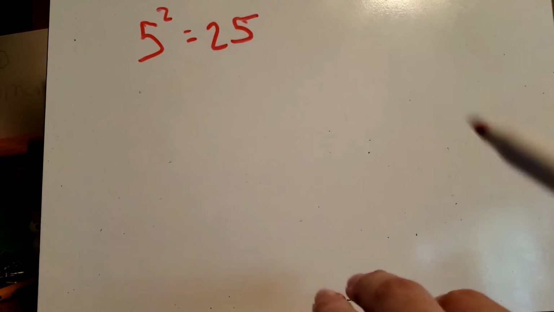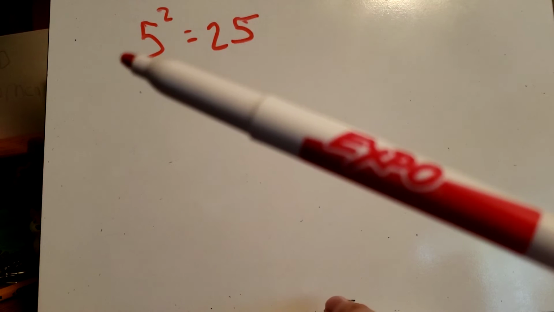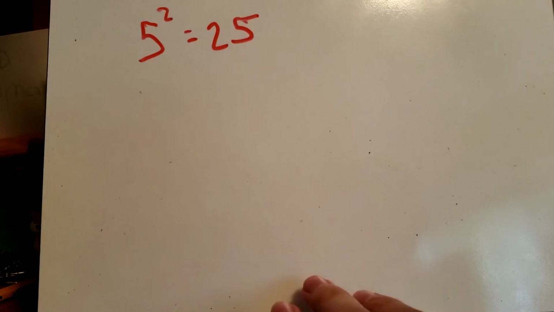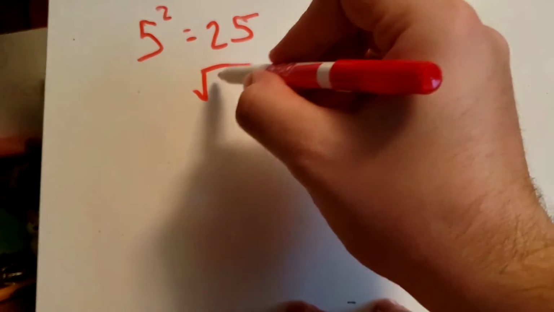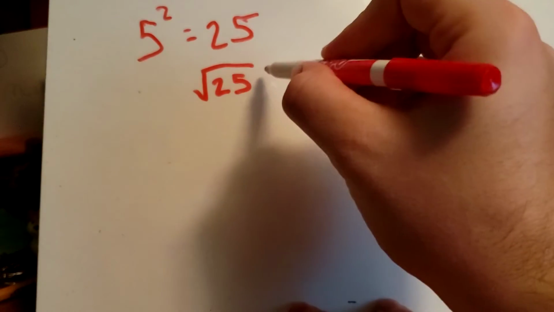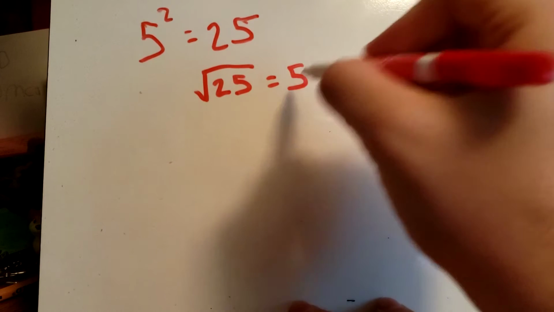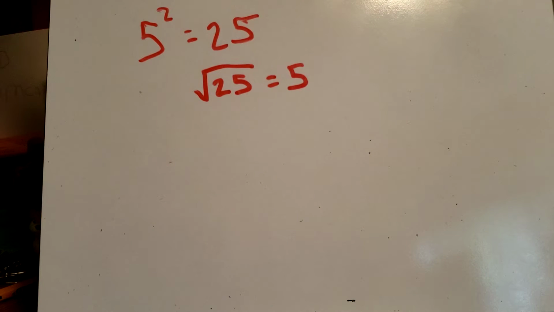Now, if you wanted to somehow get back to this 5, if you wanted to reverse the exponent here, you can square root the 25, and that gives you 5. It basically is reversing that exponent.